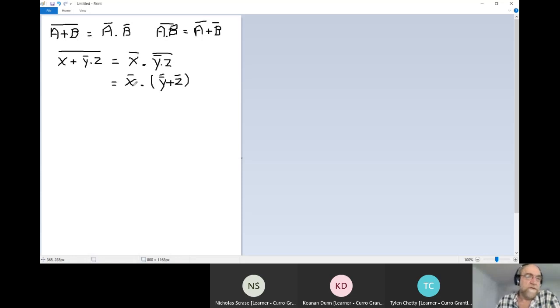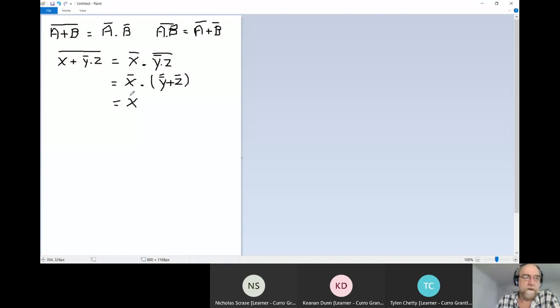Okay, I can't do much with that because not x is just not x. But I can see here that I can break that line again and break it into two pieces. So I put brackets there. So I've got y bar or not y. Now I've got not y plus not z. So I can simplify this a bit further.